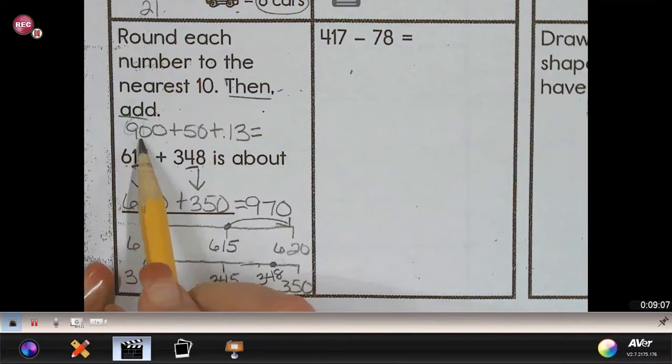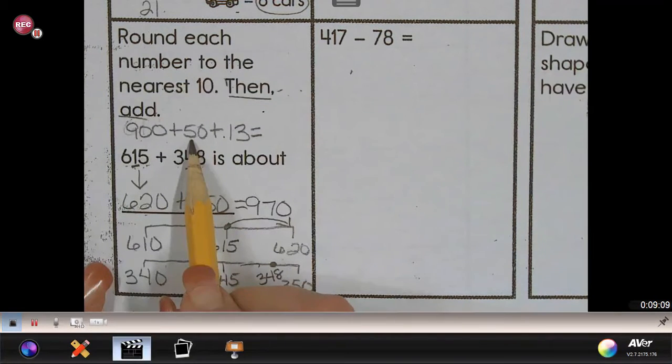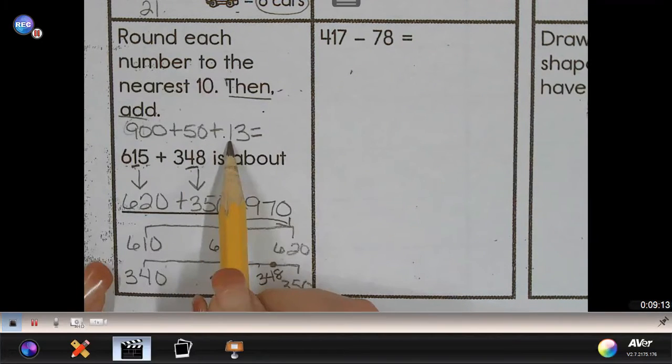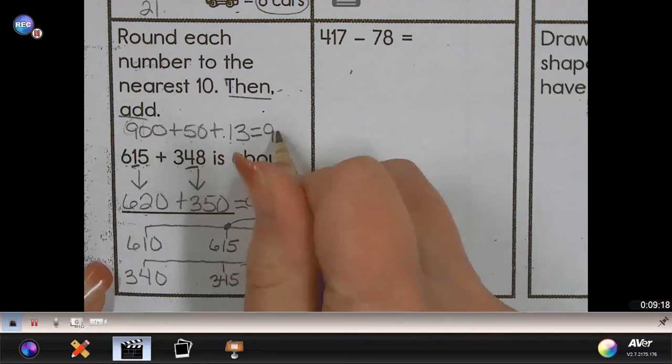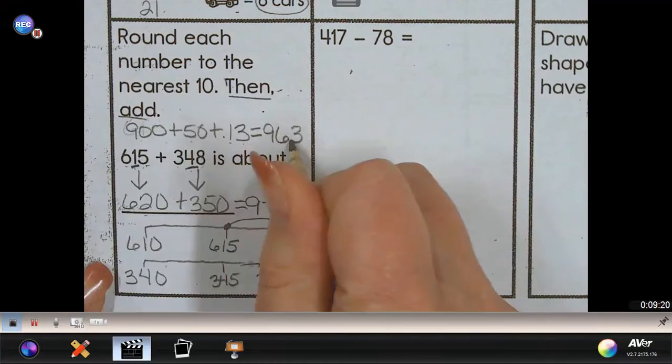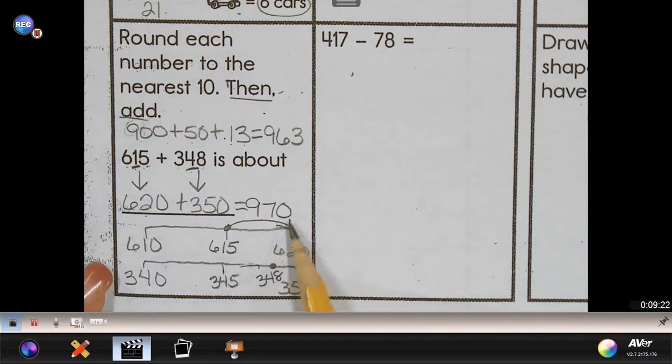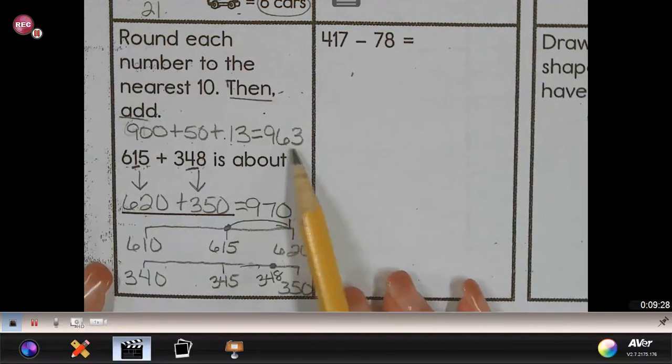And I add the 900 plus the 50 is 950. Add 950 plus 10 is 960. And 3 more makes 963. So, is this a close amount? Yes. Also realize that 963, if we were going to round this, it actually would round to 960.